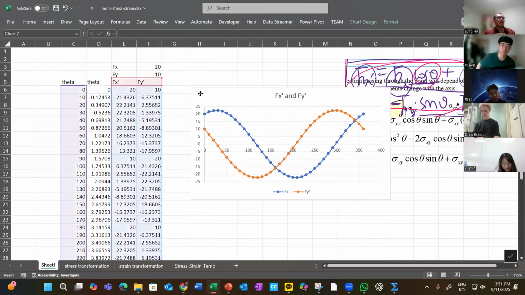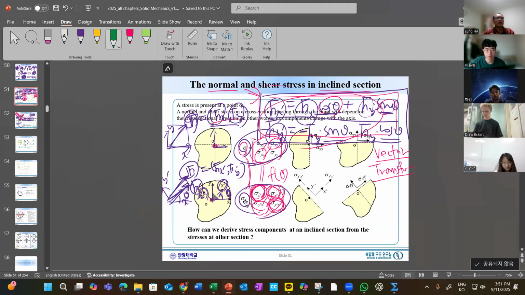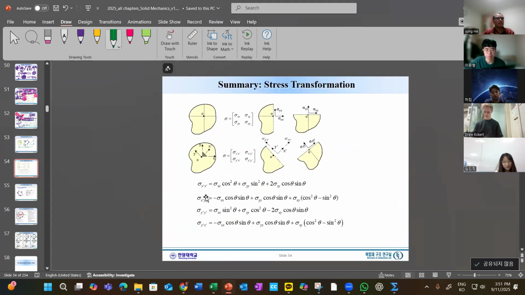Now, next class, what I'm going to do is that we'd like to do exactly the same as here, but we'd like to calculate these stresses and how this changes. Here, see x prime, y prime, and again, this is the x prime and x prime, y prime, and y prime, x.